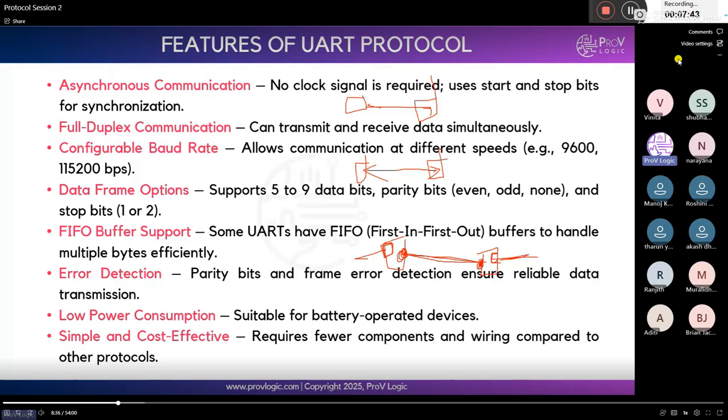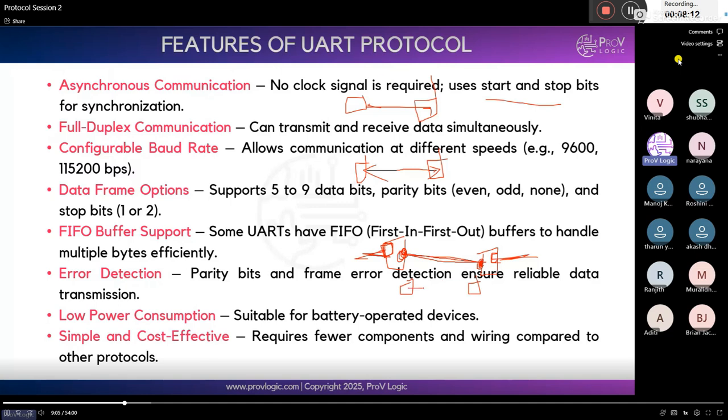Or USB. Here the processor is the main chip where it runs the instructions. Here we are not using a clock, so without using a clock, how can we get the synchronization between transmitter and receiver? We will have start bits and stop bits.